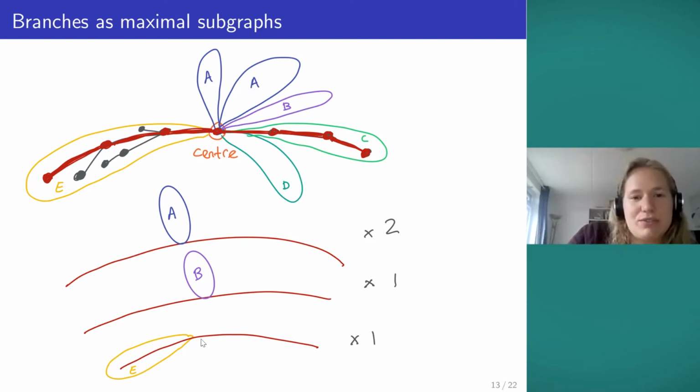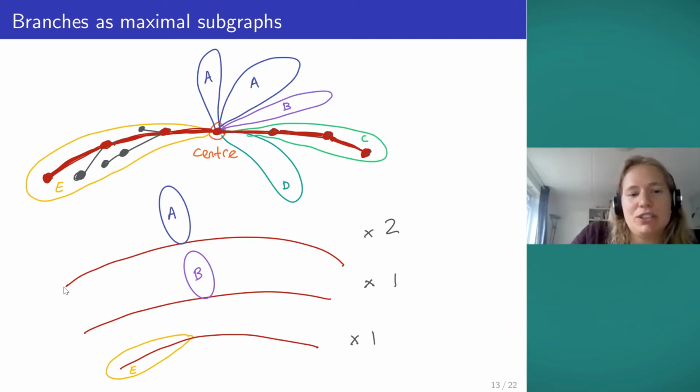If we have all this information, then from these counts we can reconstruct the original graph. There are a bit more technicalities, of course, because there might not be a unique longest path, but this is the general idea for one of the cases in our proofs.